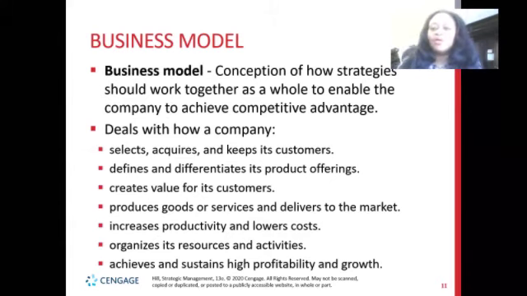A business model is basically a manager's conception. I want you to think of it this way. It's a general manager's conception of how the strategies of a firm should work together as a whole to achieve competitive advantage.